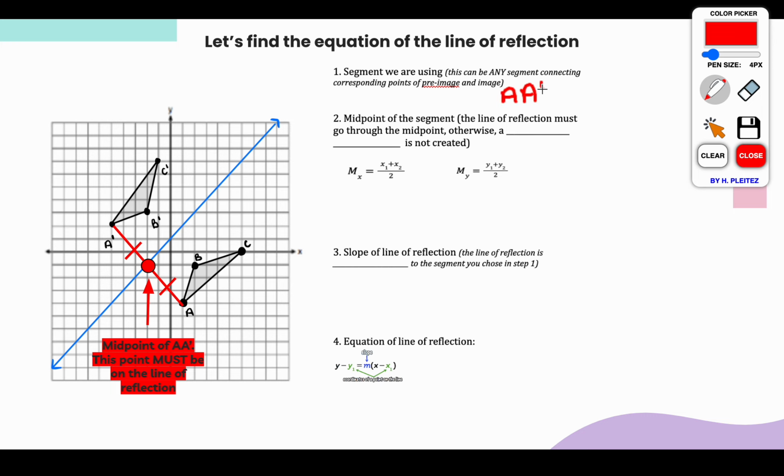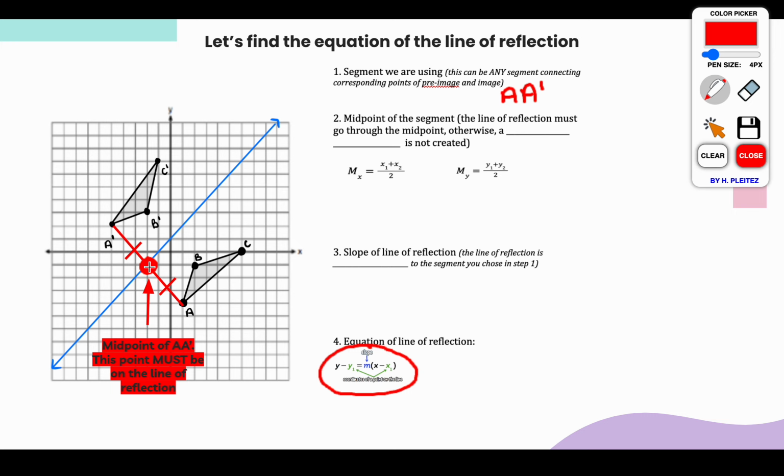Now, the next thing we need, because remember, for the equation of a line, we need a point on that line first. So the point on the line of reflection, in this case, is this one right here. But that point must be the midpoint of whatever segment you decide to create. So remember, to create the midpoint, we do x1 plus x2 over 2, and for the y coordinate of our midpoint, we do y1 plus y2 over 2, right?